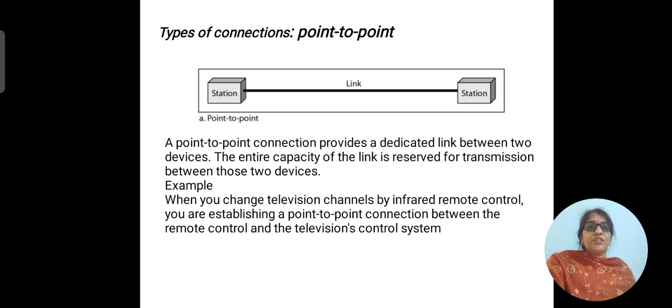Therefore, a point to point connection provides a dedicated link between two devices. The entire capacity of the link is reserved for transmission between those two devices. And the example is a television remote.